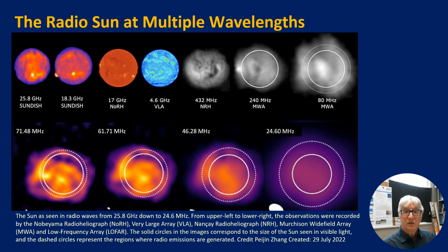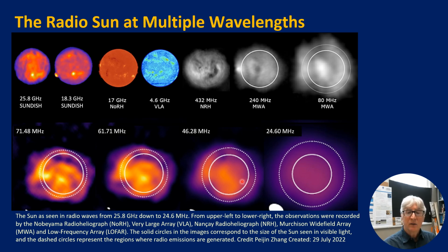This figure shows the sun imaged at multiple radio frequencies. The higher frequency, higher energy radio emissions shown in the upper left occur near regions of intense magnetic activity close to the sun's surface. At lower frequencies, the radio source regions occur farther out in the corona where the plasma and magnetic fields are disturbed by solar flares or coronal mass ejection events.